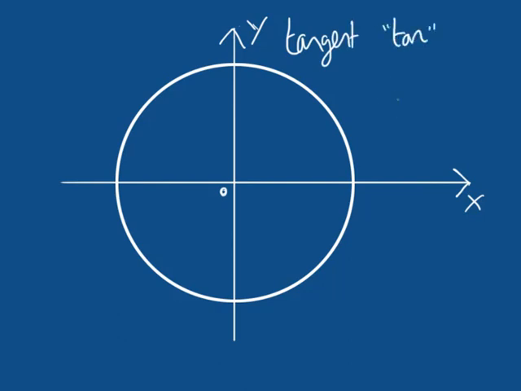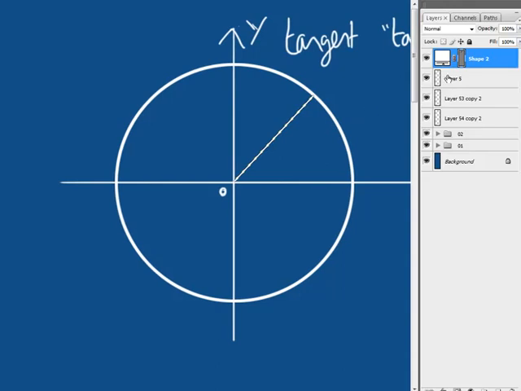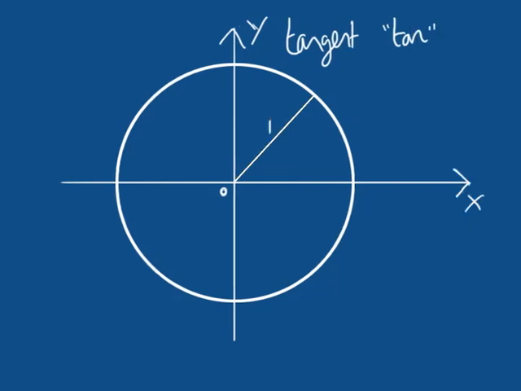So we have a circle here in our whiteboard, and if I was to draw a radial line on that circle, and we mark this with a value of 1, so the radius is 1 unit, we know therefore this circle is a unit circle, and we saw that any point on that circle has the coordinates x, y.